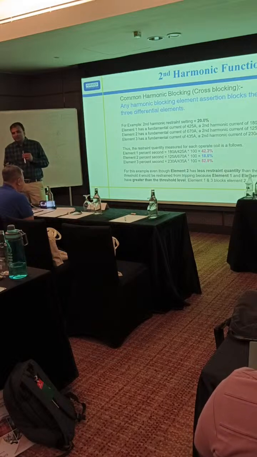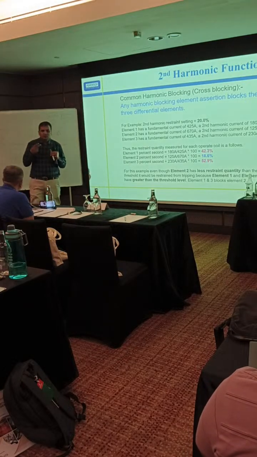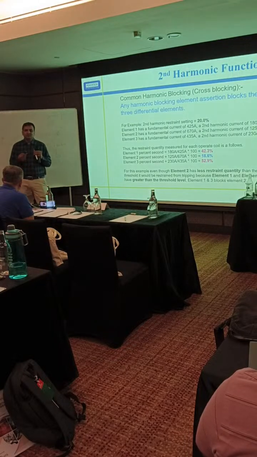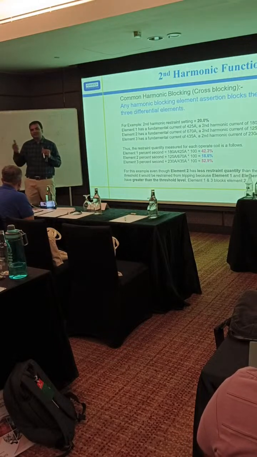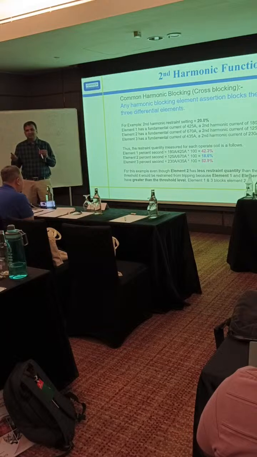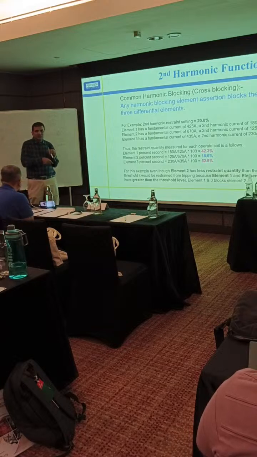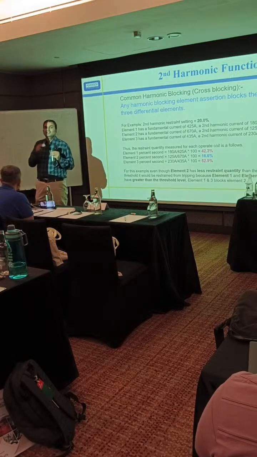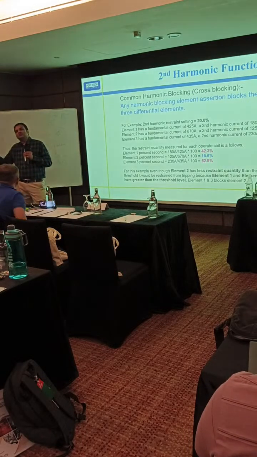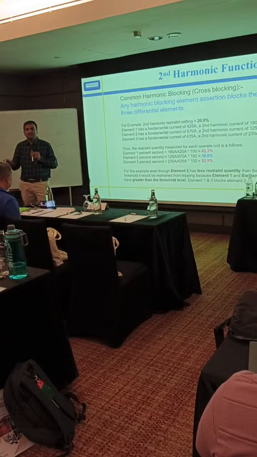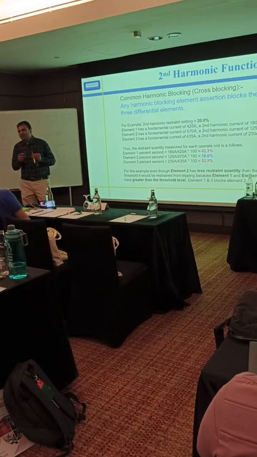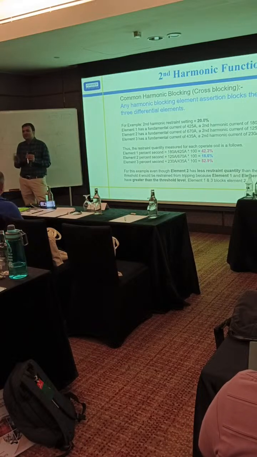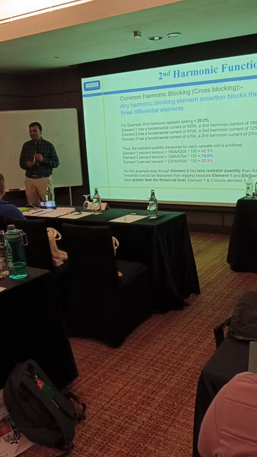So we should decide, but in most cases cross blocking is enabled. But looking at that incident, I think we should not enable cross blocking. Then that also creates problems sometimes, relay trips, and it creates confusion. So we have to balance it. It has advantages and disadvantages.